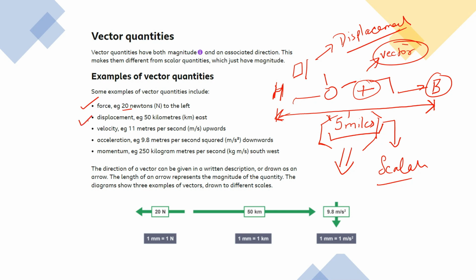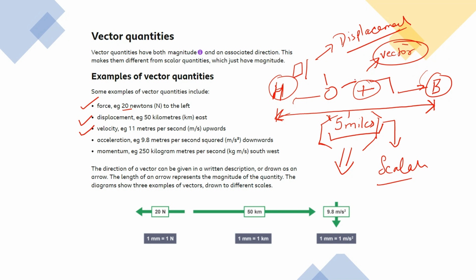Velocity, displacement, we have seen velocity, speed. When we say speed, it's a scalar quantity, but as soon as you add a direction to the speed, it becomes a vector quantity. For example, you need to move from your home to Barking station with a speed of 11 miles toward right, 10 miles toward left because there was congestion.